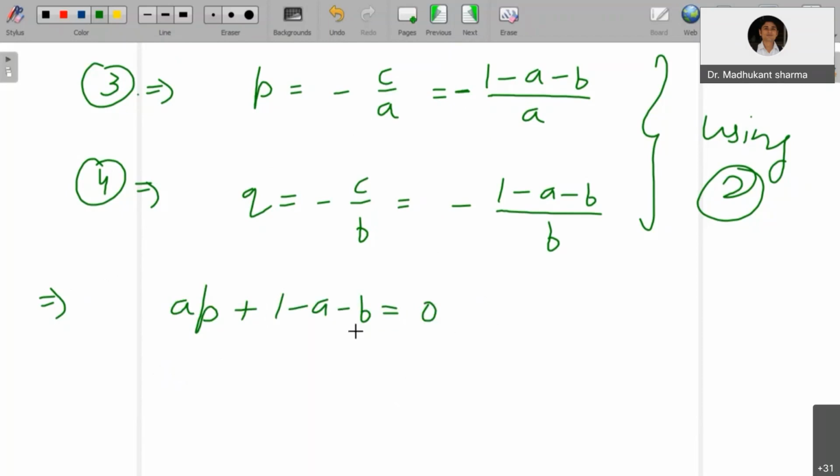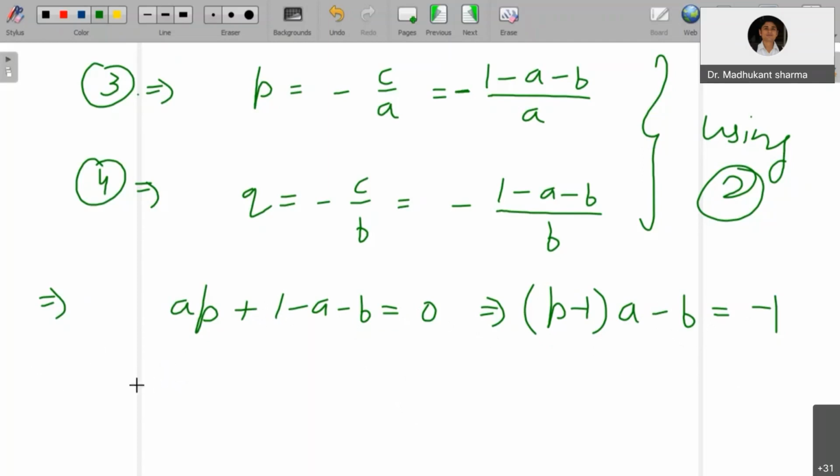Which gives you a times p minus 1, a minus b equals minus 1.